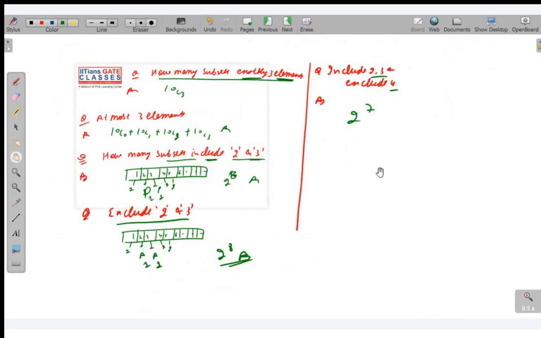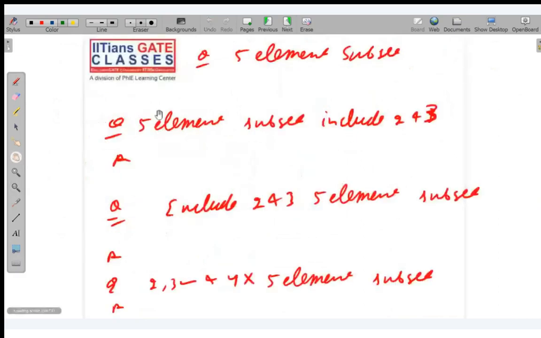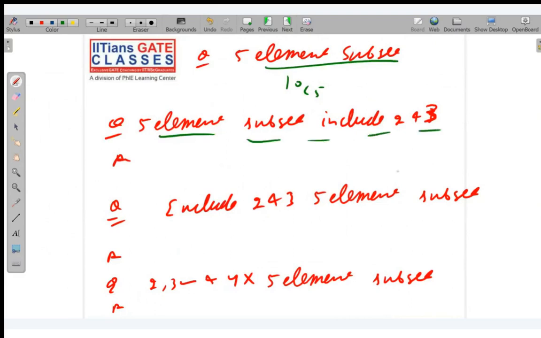Done, sir. Okay, now next is 5 element subsets. So obviously 10C5, size is given. 5 element subset including 2 and 3. Obviously we want 5 elements and 2 and 3 should be included, so only 3 we want to choose.